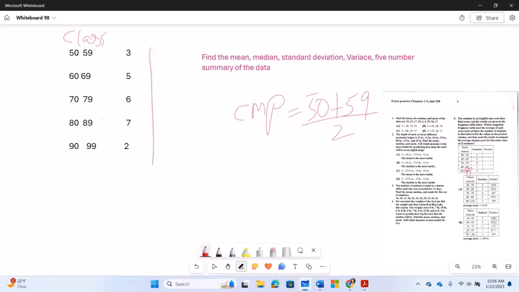So I'm going to put the class midpoint at the right-hand side of frequency. Therefore, the class midpoint of the first class is 54.5.